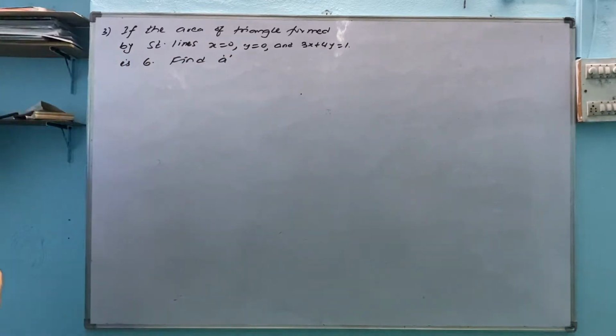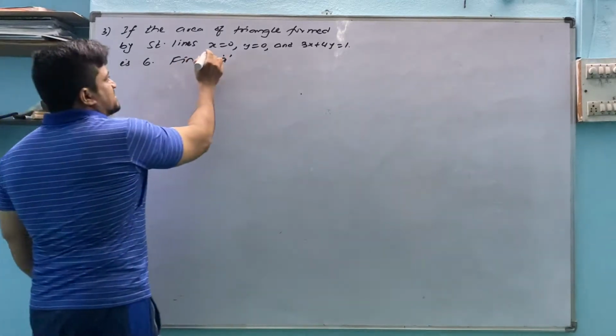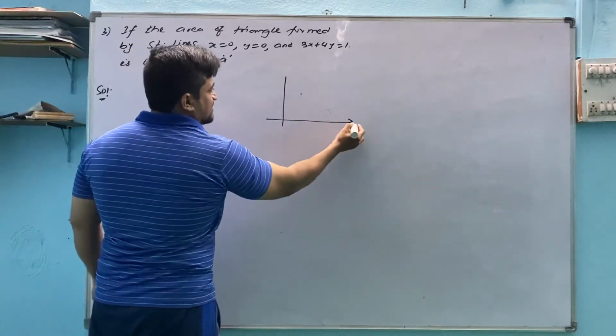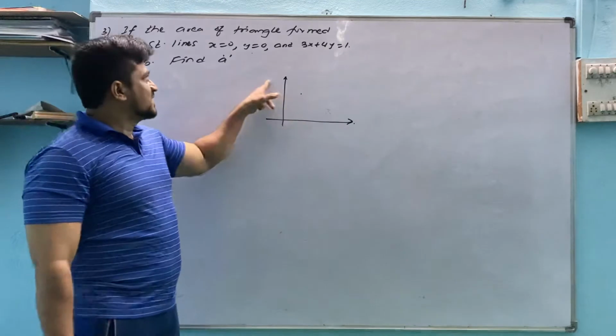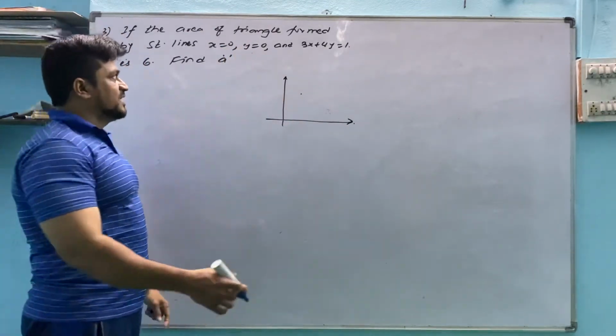The question is quite different. See what they have given. x equals 0 and y equals 0 mean the coordinate axes. These two lines, the coordinate axes, are also known as x equal to 0 and y equal to 0. Then one more line is there.